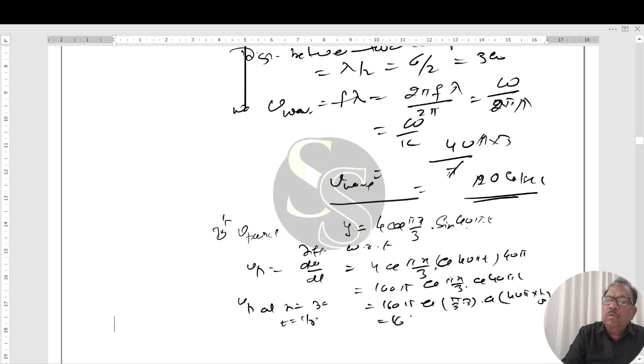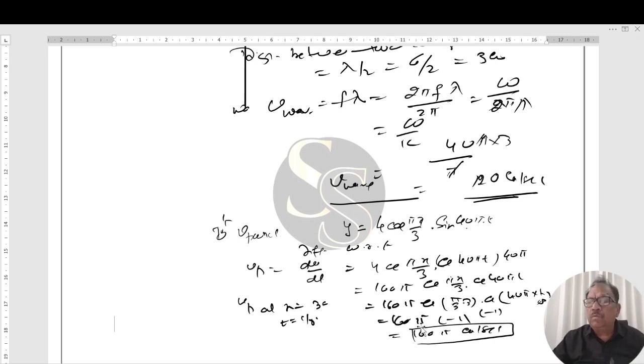This is 160 pi, cos pi is minus 1, and cos 5 pi: 4 pi means 2 cycles completed, leaving pi, which is also minus 1. So this comes out to 160 pi centimeter per second. So this is the particle velocity, right?